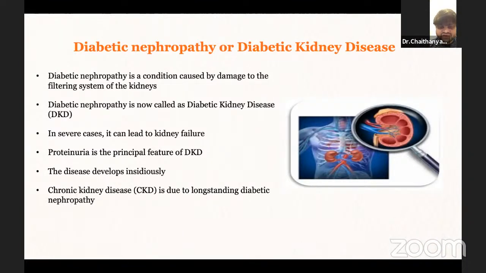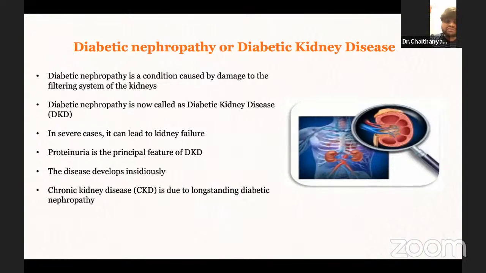And if you go back to the first module, we have discussed there are two important drugs like GLP-1 receptor agonists, which are injectable agents, and SGLT2 inhibitors, which are oral drugs, which can even protect the kidney. So diabetic kidney disease again is one more dreadful complication.